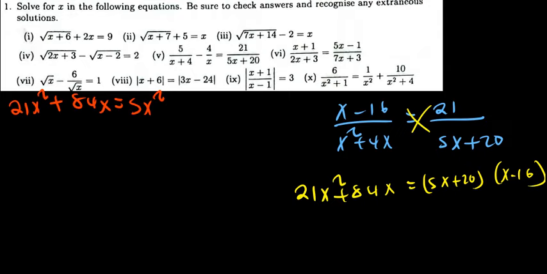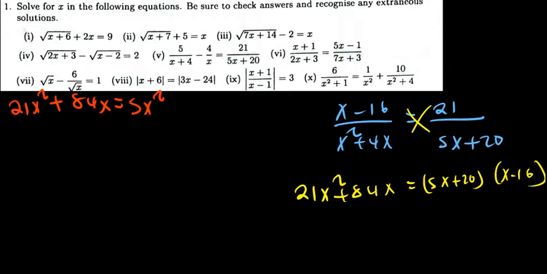If we do the proper math there, 5 times x, we have gotten 5x squared.